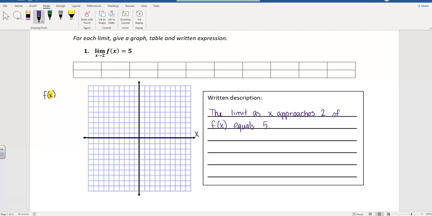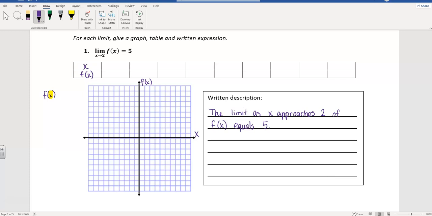And then we could sometimes call this the y-axis, but since we're using function notation, I'm going to label this as f of x. Okay, so on all these problems, I want you to label the axes. I also want you to label your table that way. So like this is going to be x, this is going to be f of x. So both your table and your graph need to be labeled in that manner.